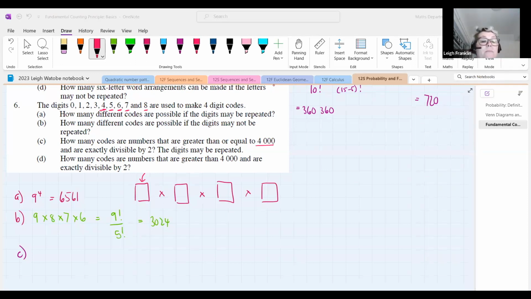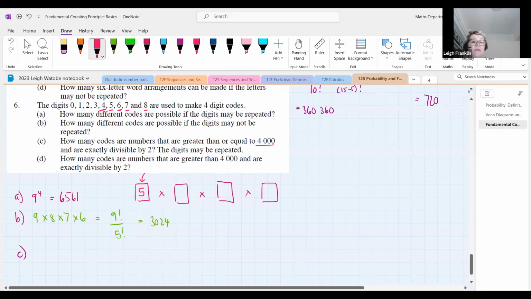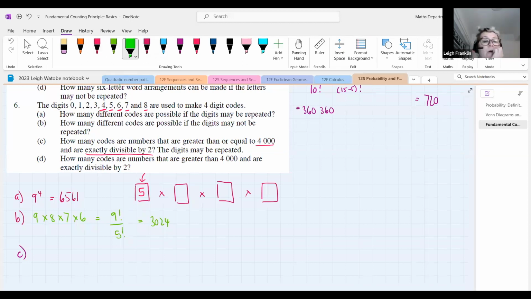Lovely. Well done. Now go to the end. If it's exactly divisible by 2, what number does it need to end in to be divisible by 2? It can only end in a 0 or a 2 or a 4 or a 6 or an 8. Okay, good, nice.